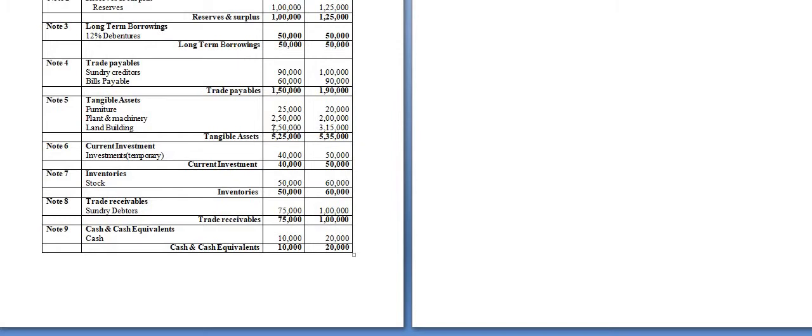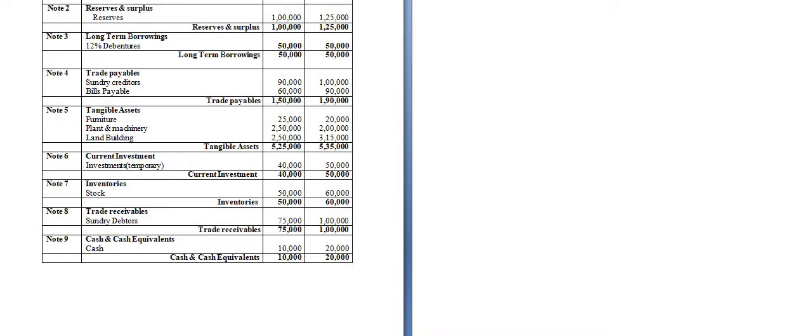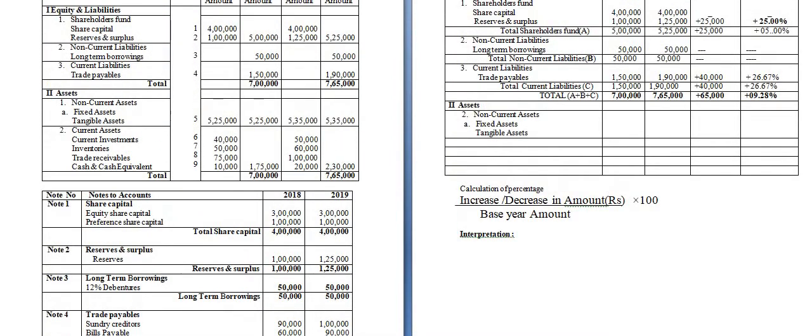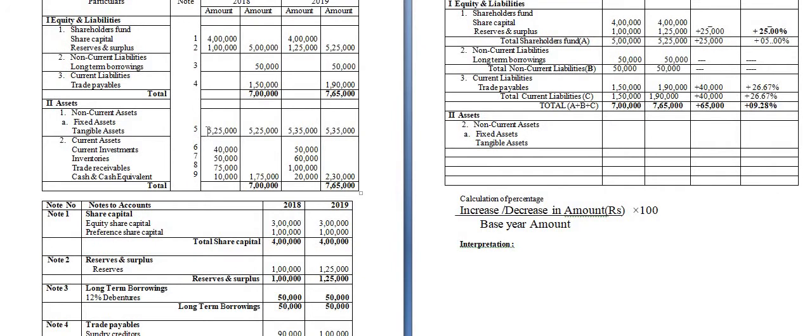So total tangible assets is 5,25,000 for the year 2018 and for the year 2019 it is 5,35,000. So take here this total, 5,25,000.